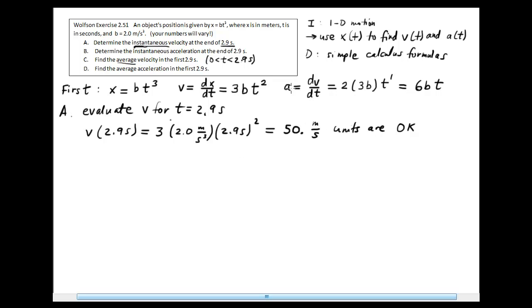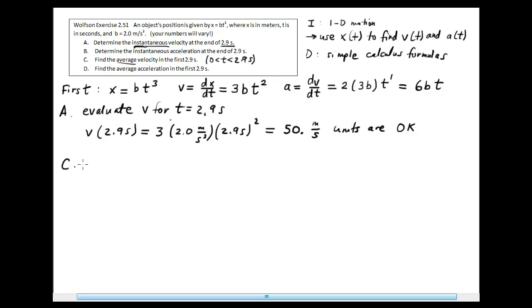Whether 50 is reasonable is hard to say, because we don't know much about this object. But the units do make sense. So that's part A. That's really pretty simple. In part B, you will do much the same thing using the acceleration expression. You find the instantaneous acceleration at 2.9 seconds. So I'm going to move on to part C, because it's a different kind of problem altogether.